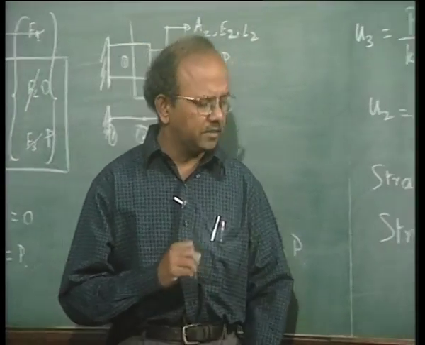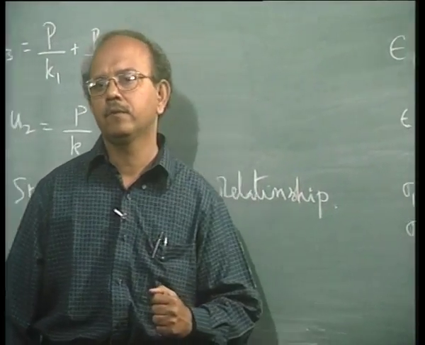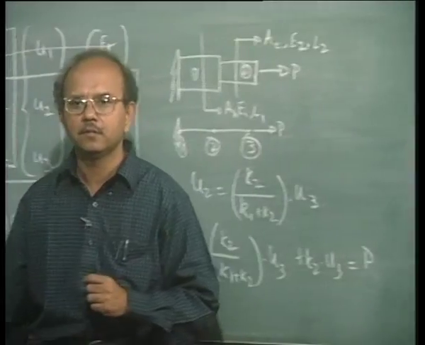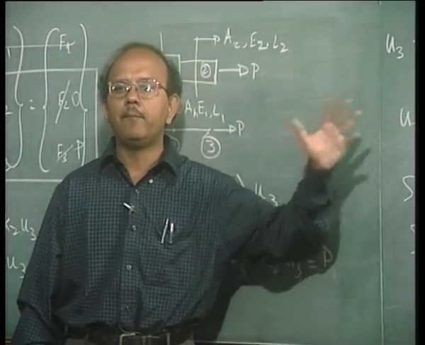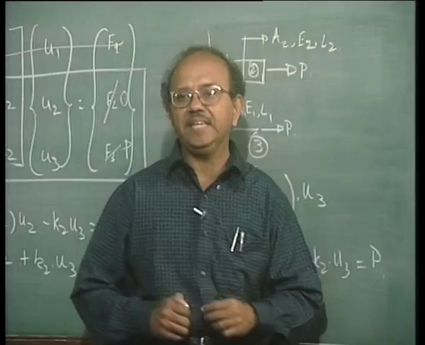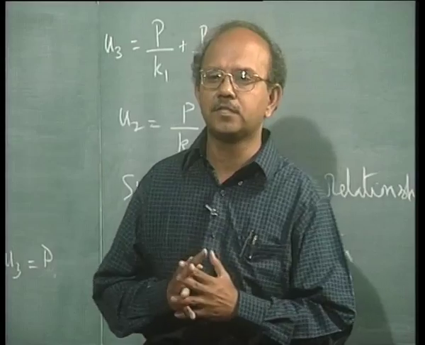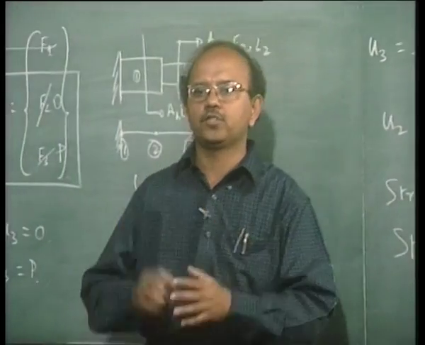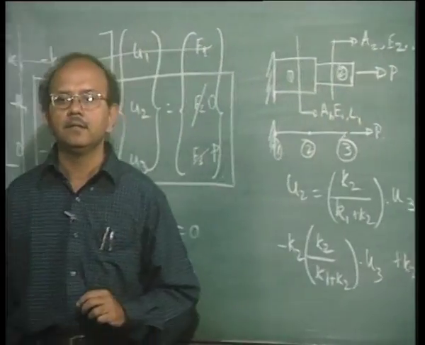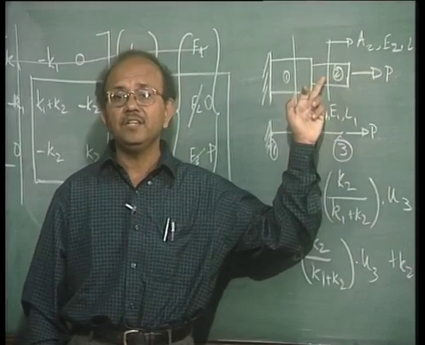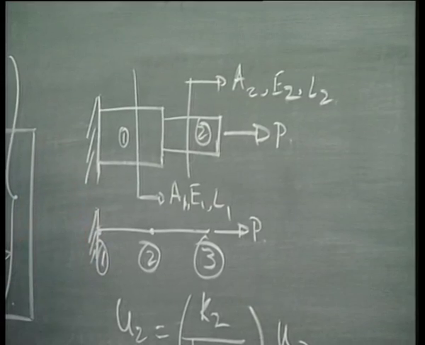Now, there are very interesting things we have not talked about. Look at that result. There is always a misconception, mostly among students, that when I have a bar like this with two different E's, E1 and E2, when I apply a force to this bar, and let us assume that E2 is greater than E1, just for an argument.